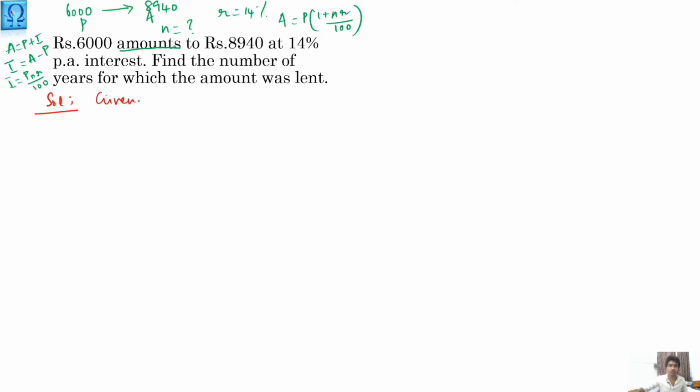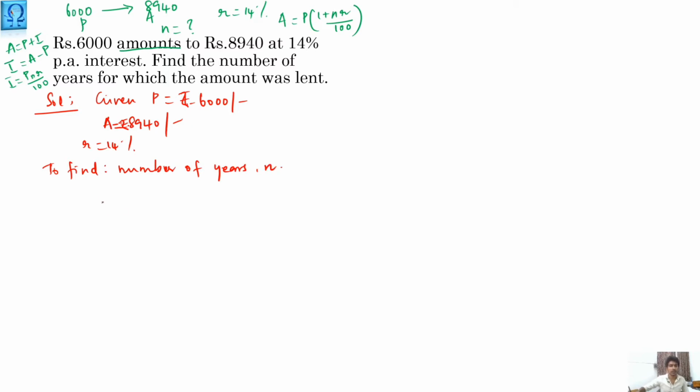We are given that the principal value is rupees 6,000 and the amount is 8,940. Okay, and the rate of interest is 14 percent. Now we need to find the number of years, that is, the value of n.